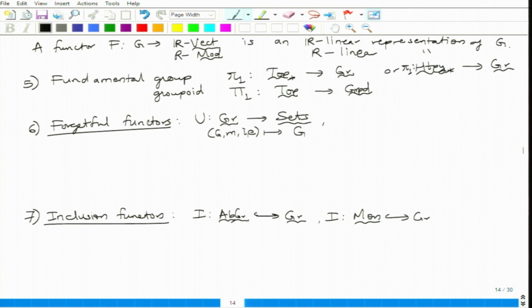Then what if we take the category of rings? What can we forget? We can forget multiplication, and what do we get after forgetting multiplication? Abelian groups. Or you can also forget addition, and then you will get monoids.